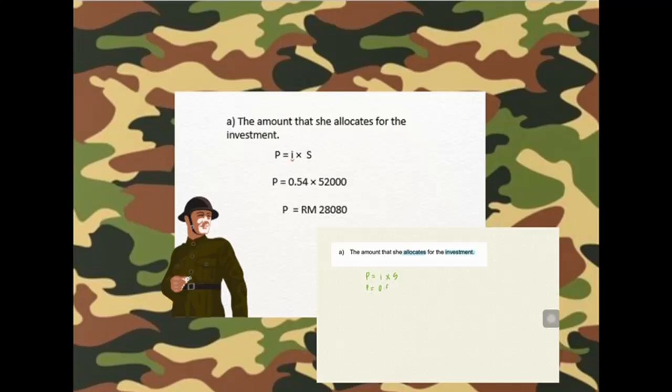P equal to 0.54% times 52,000, and the final answer will be P equal to RM28,080.